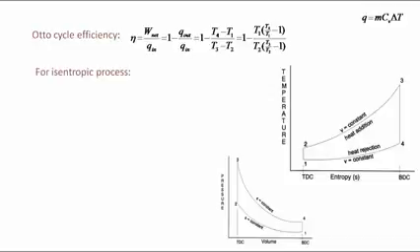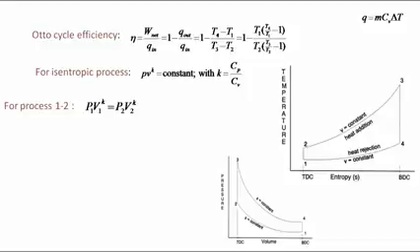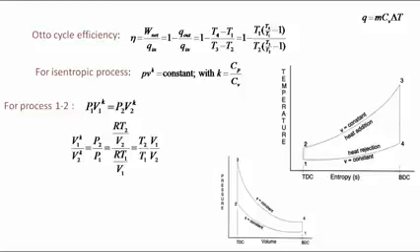For an isentropic process, PV power K is equal to constant, where K is equal to Cp by Cv, which are the specific heats at constant pressure and constant volume respectively. For process 1 to 2, we know P1 V1 whole power K is equal to P2 V2 whole power K, which can also be manipulated as V1 whole power K by V2 whole power K is equal to P2 by P1.